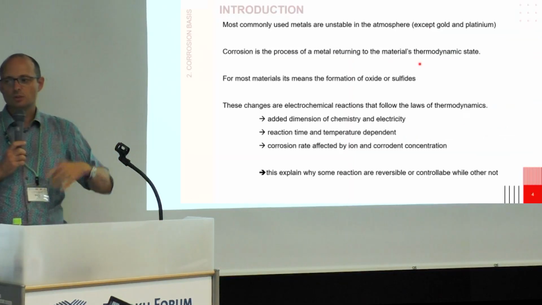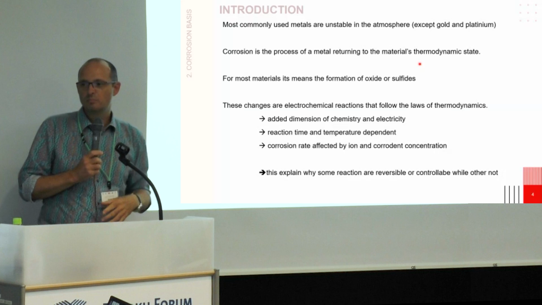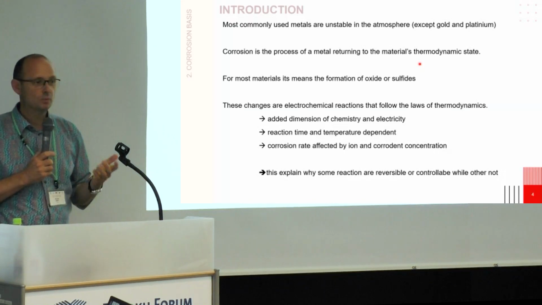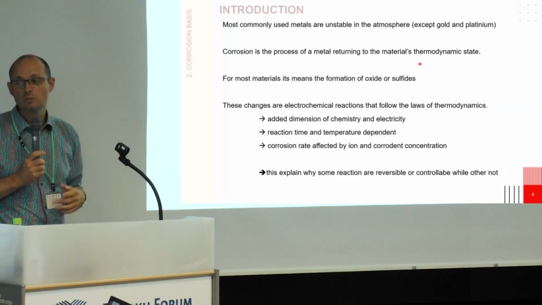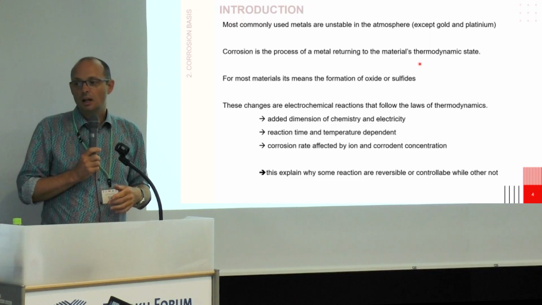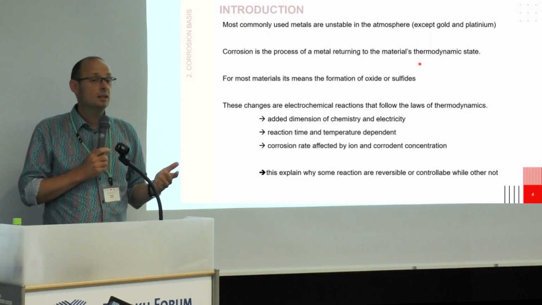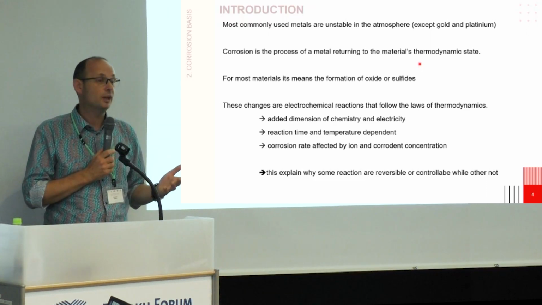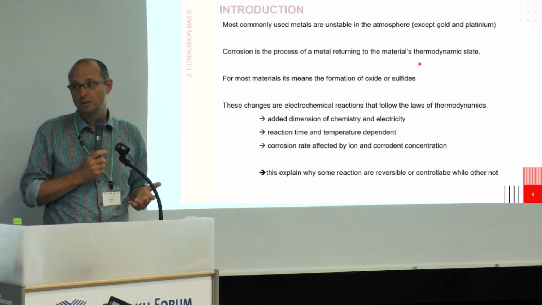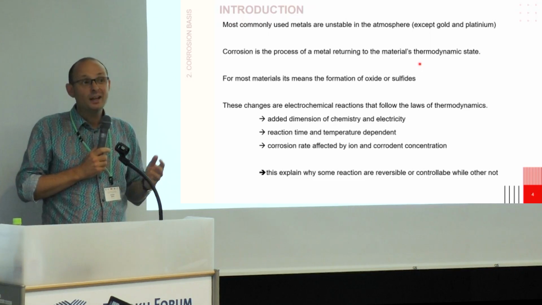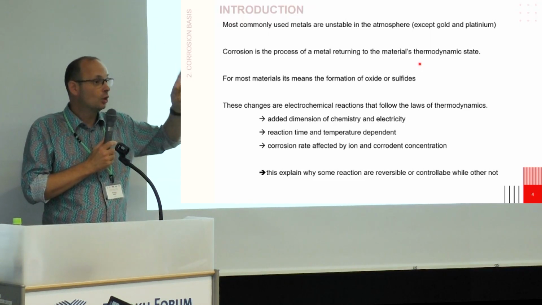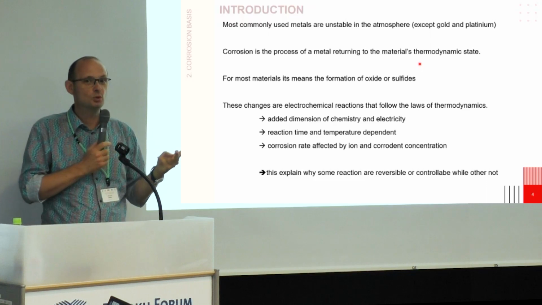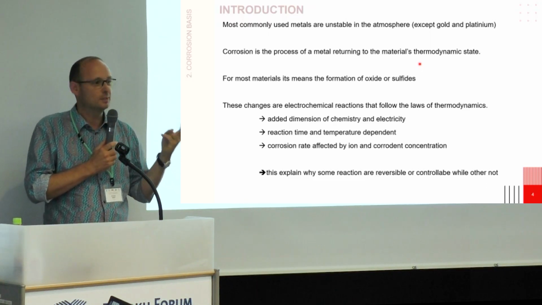So just to refresh, most common materials which we are using in the industries are unstable in air, in the atmosphere. That was what I was explaining this morning. We have to fight with a thermodynamical problem. We can find two exceptions, gold and platinum. So now you know why they are quite expensive.